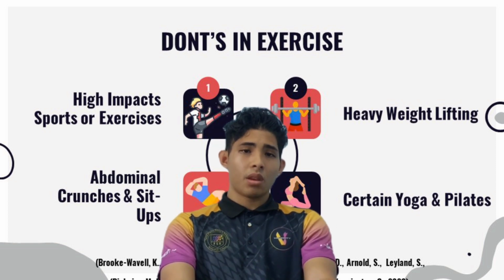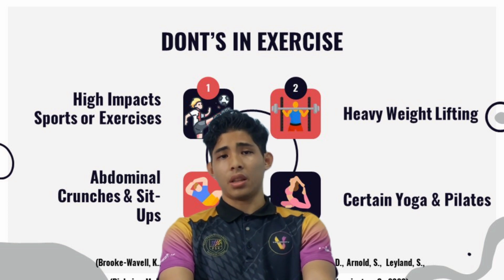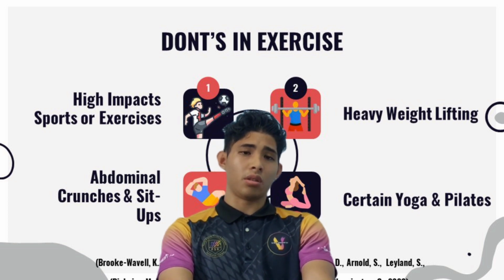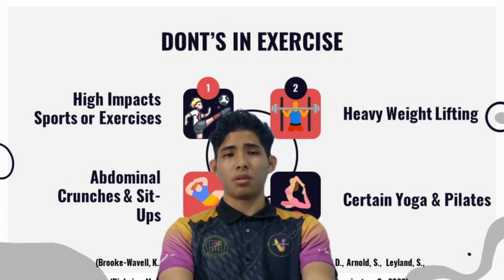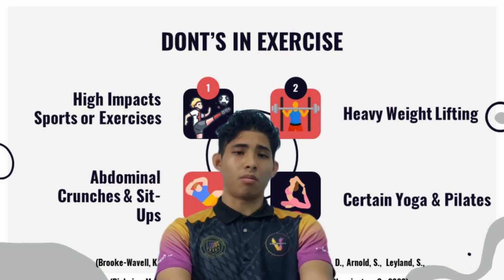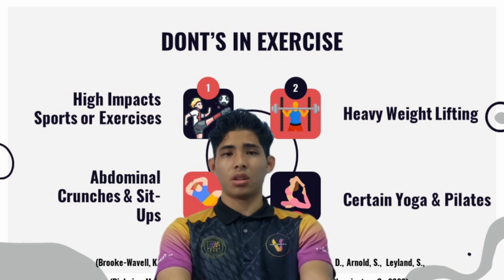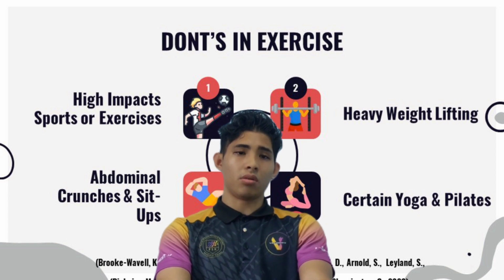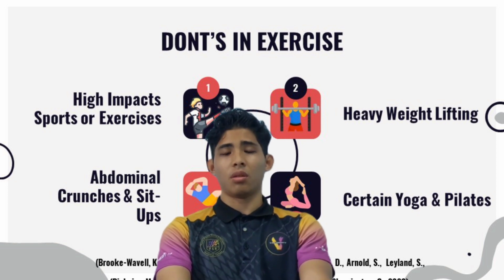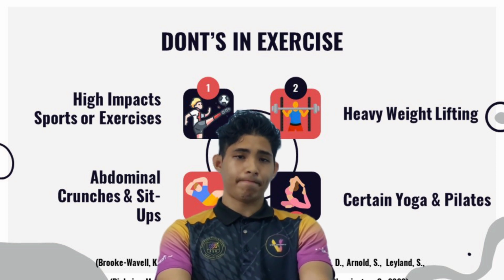The fourth point is certain yoga and pilates. To avoid further injuries, the osteoporosis patient must avoid moving from one yoga position to another rapidly. This is to reduce the risk of broken bone, mainly the spinal bone.